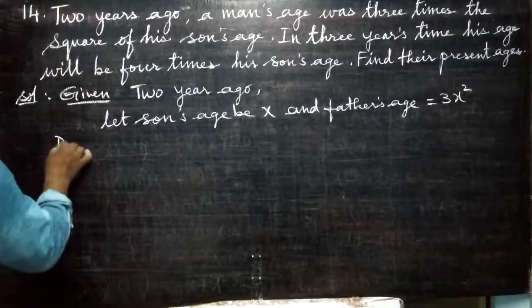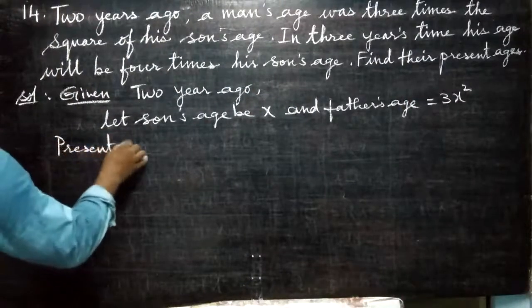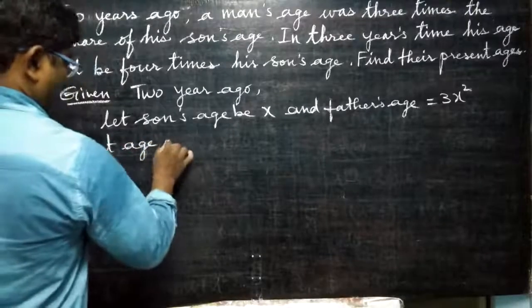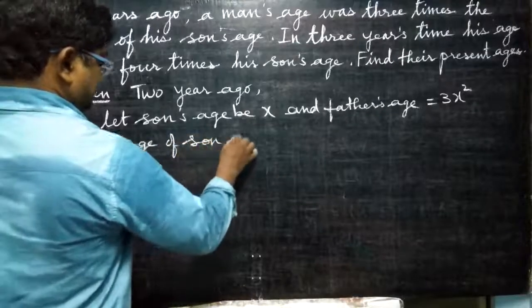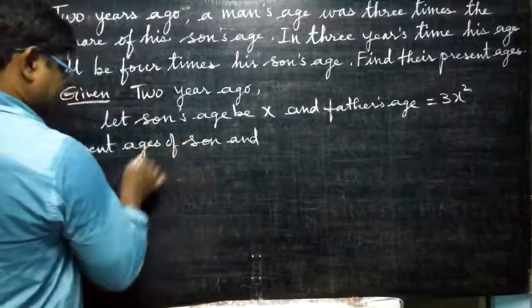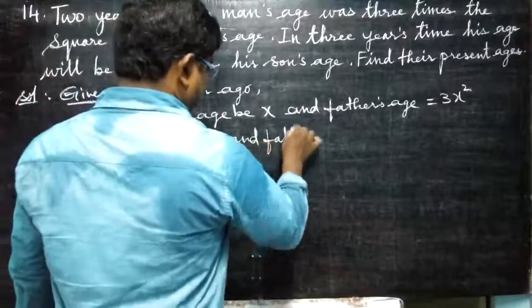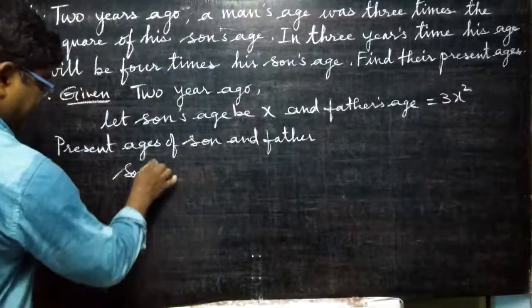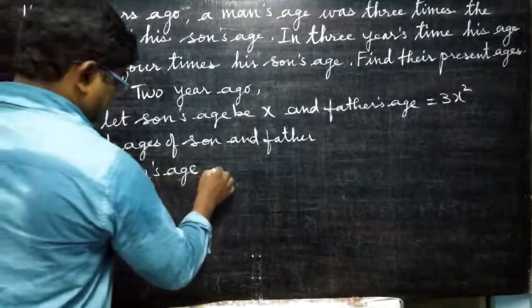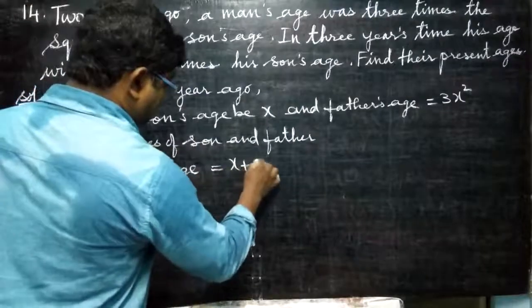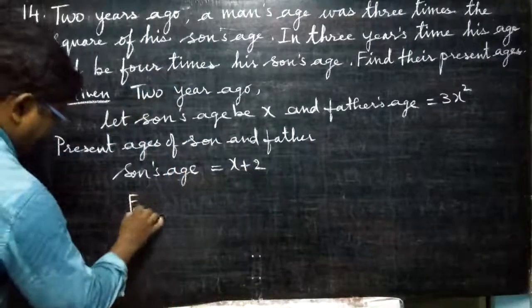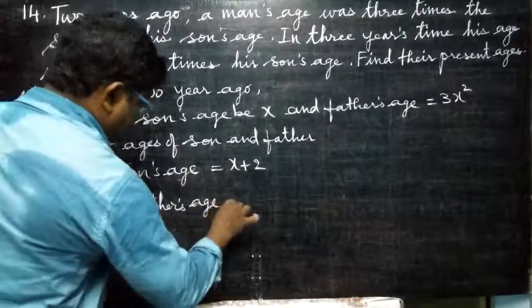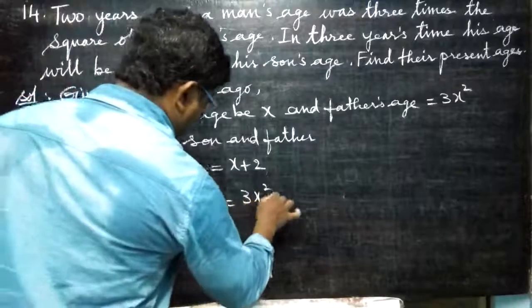Now, present age of son and father. So, now at present, son's age will be x plus 2 and father's age will be 3x square plus 2.